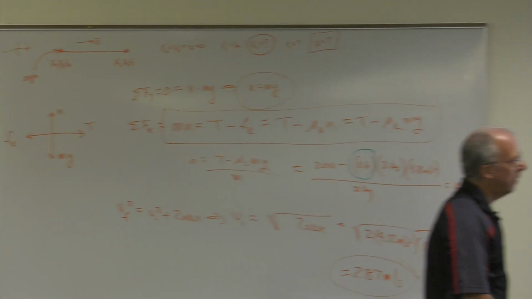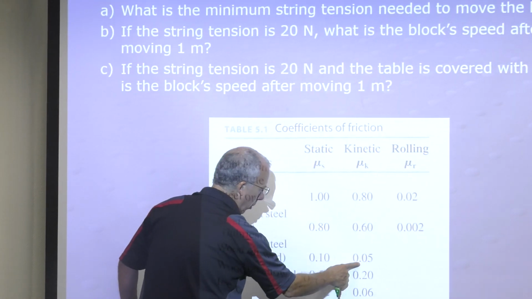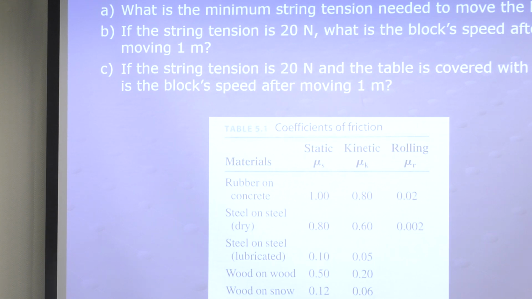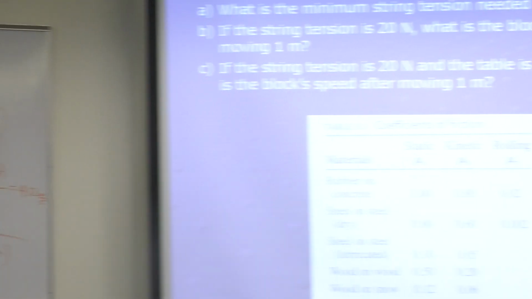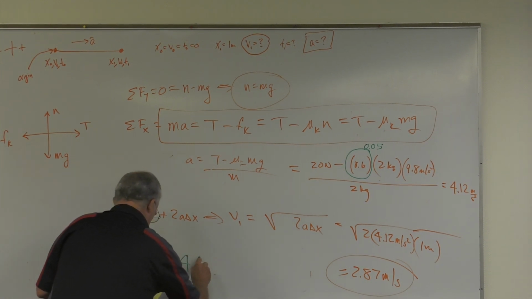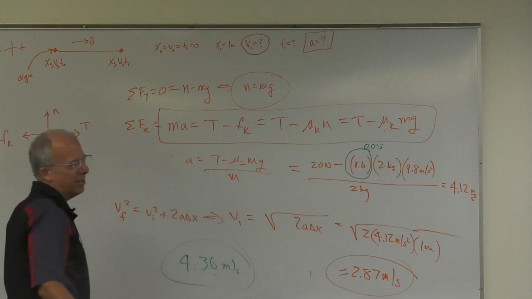Part C says the table's covered with oil. So instead of using 0.6, you're going to use 0.05. When you do that, the answer comes out to be 4.36 meters per second.